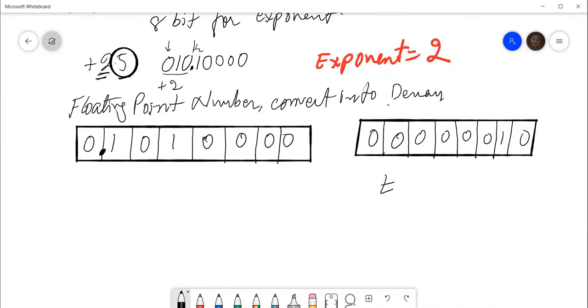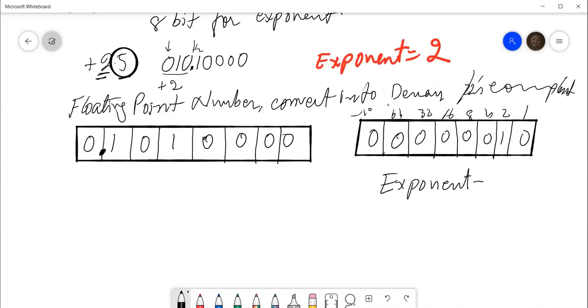And the exponent is the first step that we need to convert. This is our exponent. And if this floating point is in 2's complement, is 2's complement mentioned by the examiner, for example, so this is 1, 2, 4, 8, 16, 32, 64, and minus 128.